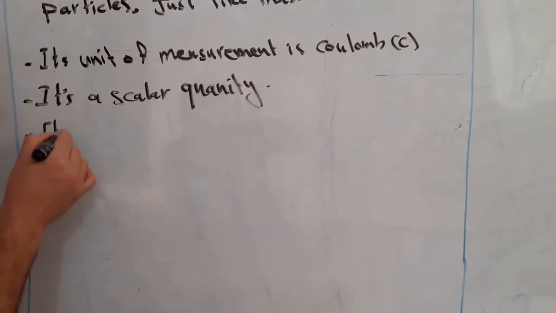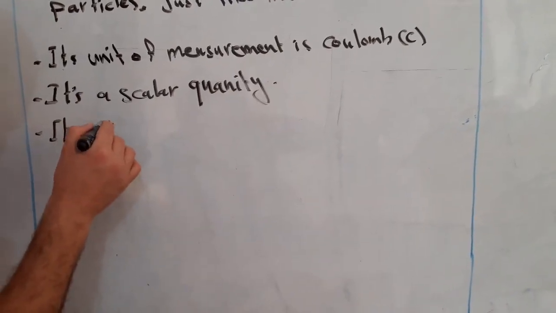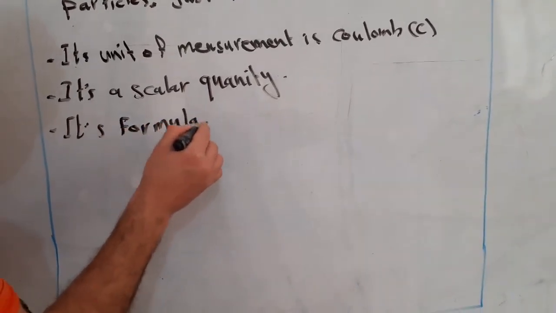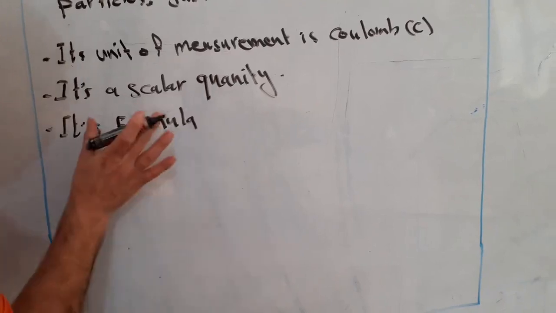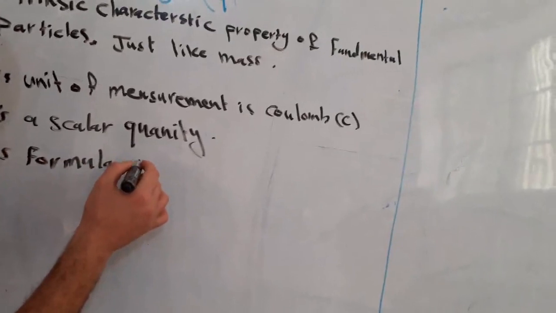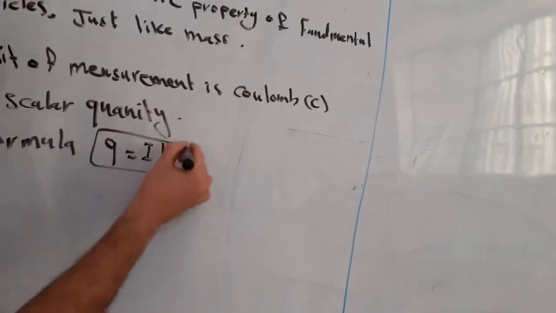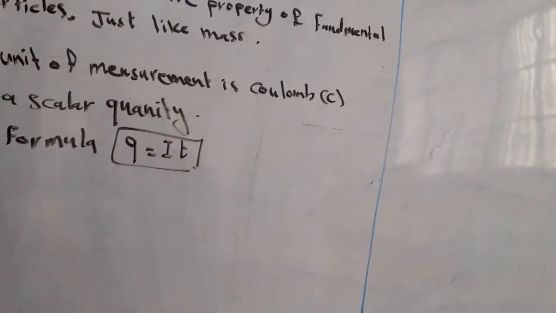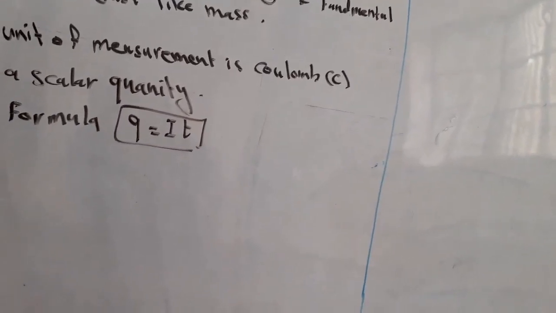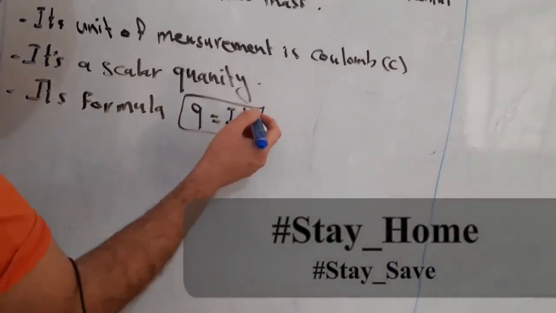Its formula: Q equals I T. Remember this equation, you did get it in grade 9, one year ago.